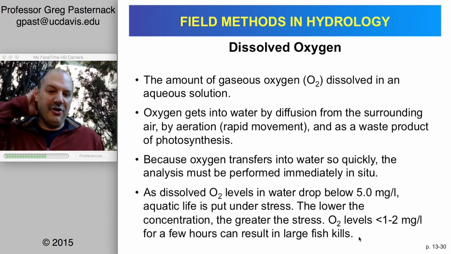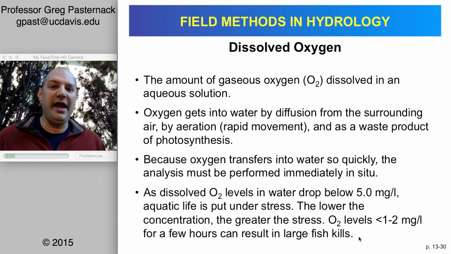Oxygen gets into the water by diffusing from the surrounding air. Also, turbulent mixing can cause aeration, like drops going up or hydraulic jumps in a river. It can also be a waste product of photosynthesis.